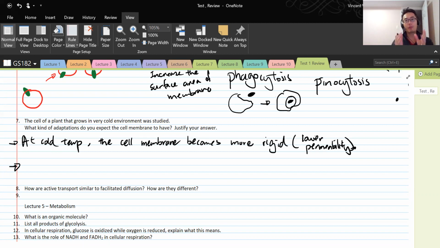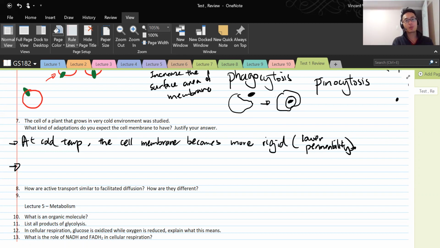However, we must understand in nature, the ice crystal should not be able to puncture the cell membrane, because if that's the case, then all the plants will die in the winter, right? But of course they don't, because the next spring they would still be alive, right? So there must be some kind of special features that allow them to not experience this.